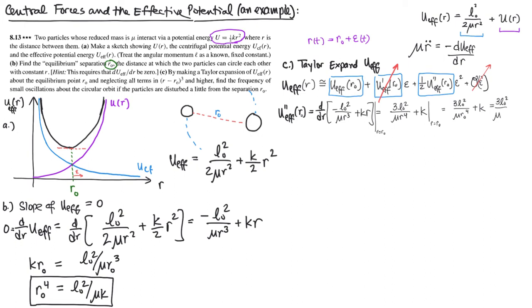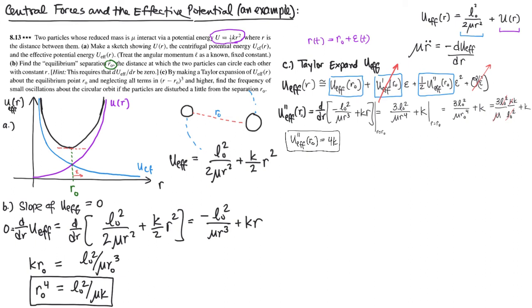Okay, so r naught to the fourth is L naught squared over mu k. So our L naught squareds will cancel, our mu's will cancel, and we have 3k plus k, which gives us 4k. So after all is said and done, we have U effective double prime at r naught is 4k.